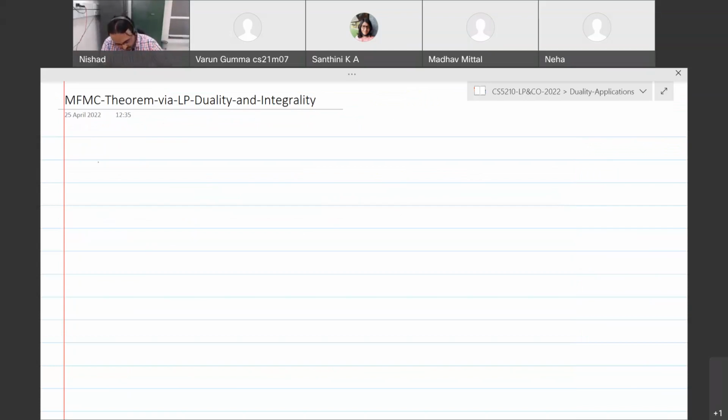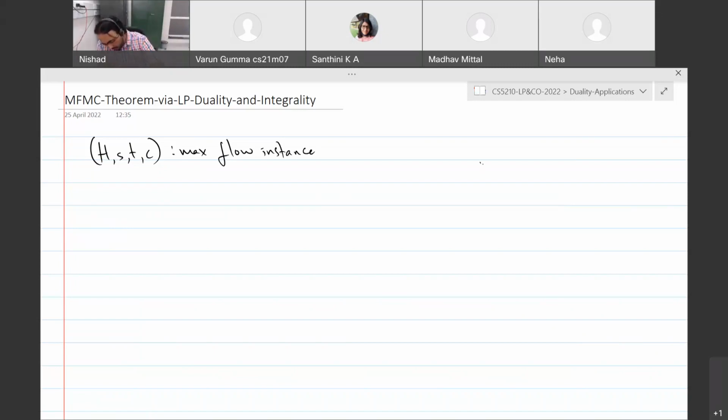Let's say we are given a max flow min cut instance, H, S, T, c. I want to start by making an assumption which we discussed earlier, but until now we did not use it. Today we will use it.